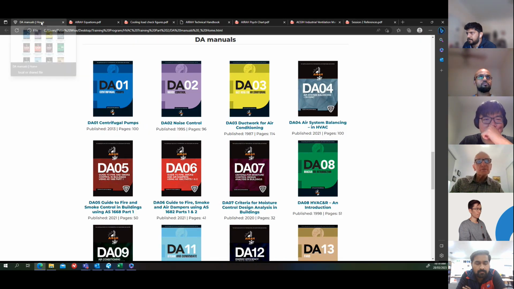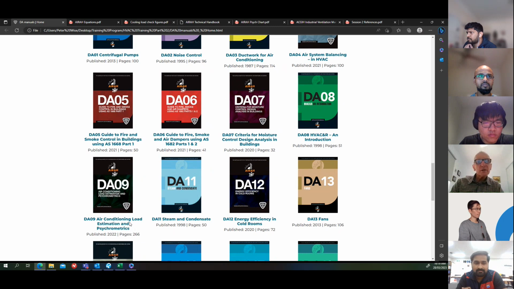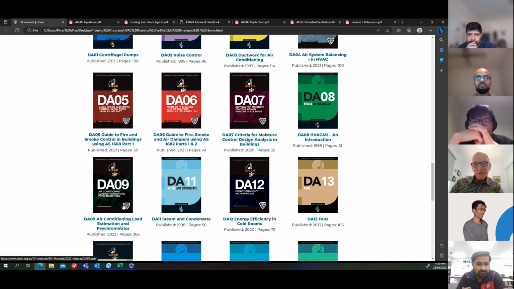So these are some of the guides: centrifugal pumps, noise control, ductwork for air conditioning, air system balancing, and so on and so on. Can everyone see that? DA09, for instance, is air conditioning load estimation and psychrometrics. If you're doing a manual heat load, everything you need is in this manual. I know we don't do manual heat loads anymore, but if you really want to get the background on the heat loads, it's all there.